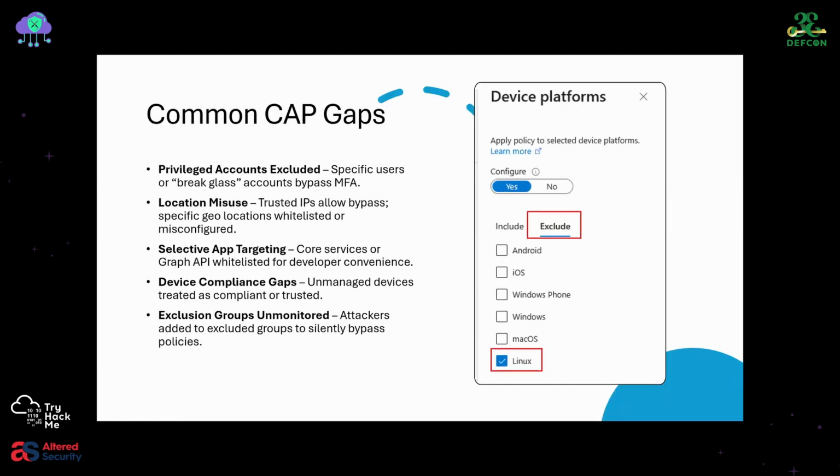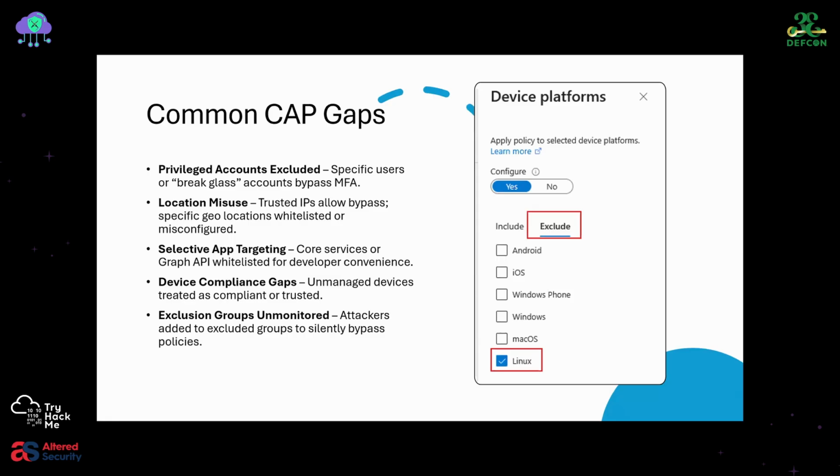Now we have talked about what conditional access policy really is, and what conditions we define as an administrator. But what about the common conditional access policy gaps? Because it's supposed to be a security feature, right? Why are we here?